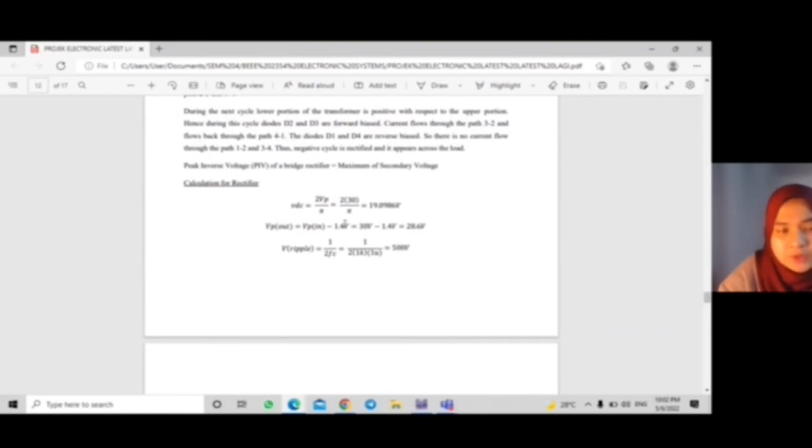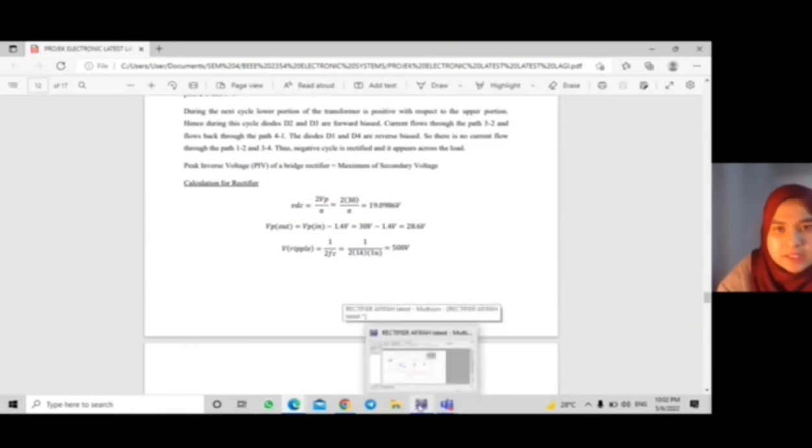VDC is equal to 2 Vp over pi, and we get 19.09. Vp out is equal to Vp in minus 1.4, and we get 28.6, and the V ripple is 1 over 2 fC, and we get 500 volt. Okay, so this is a simple explanation for the calculation.